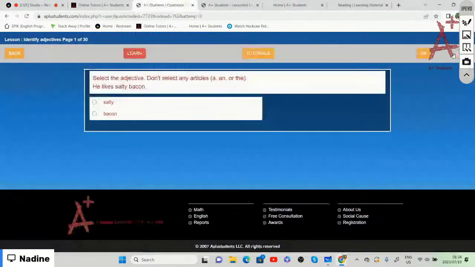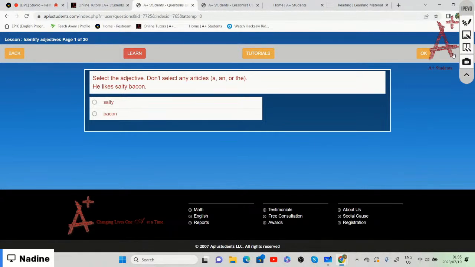Okay, so we're going on to our test, where we identify adjectives. And just one more thing, we do not identify articles as adjectives. A, an, or the are articles, not adjectives. So we do not identify or select any article as an adjective. He likes salty bacon. We need to choose the correct adjective.